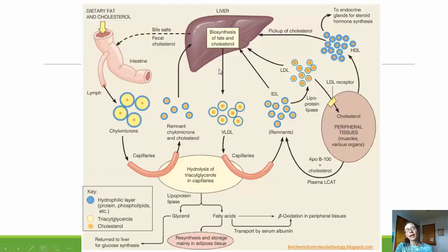However, our HDL that has been synthesized by the liver can come along and pick up some of this cholesterol. And this cholesterol, we're going to see next week, can be used for synthesis of biological compounds, or it can be taken back to the liver. And that cholesterol can then be excreted in the feces or be repackaged into bile acids.